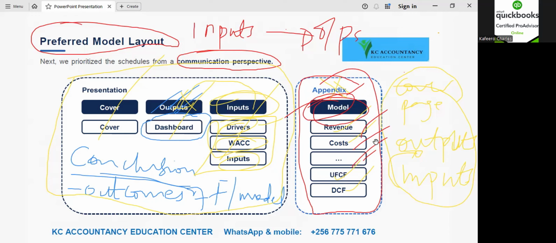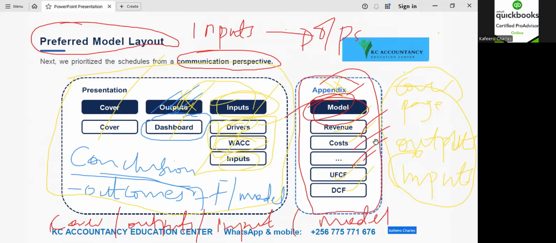So we move from cover, output, then inputs, then here we shall have the model itself.